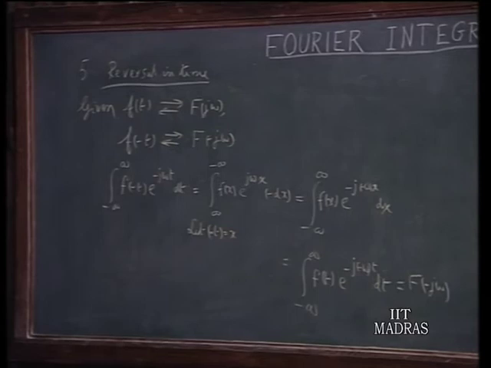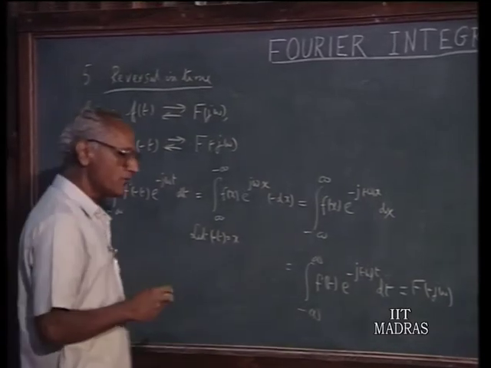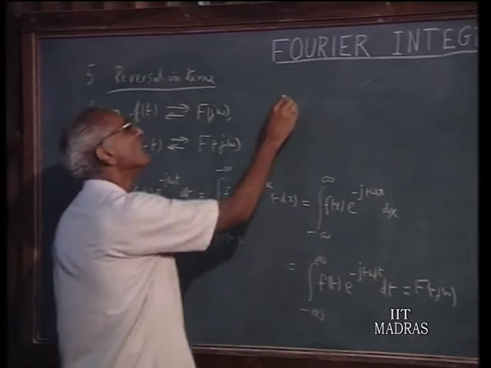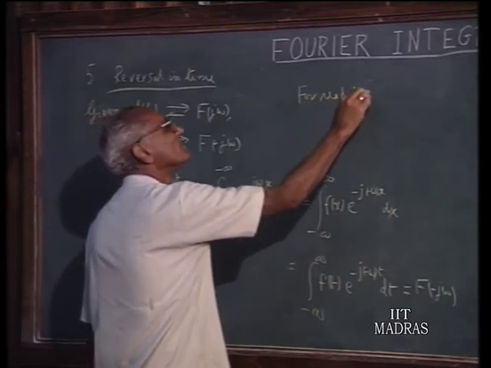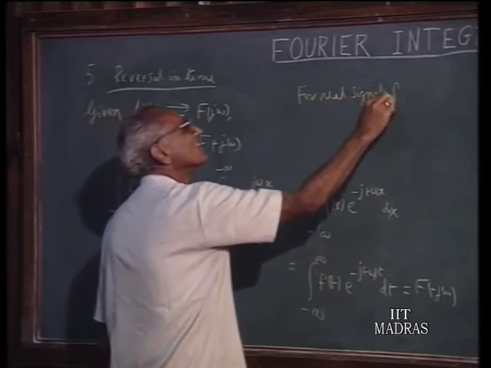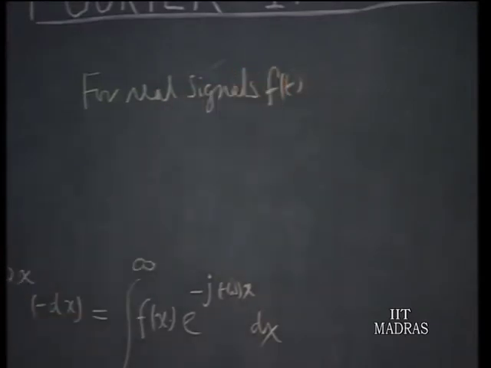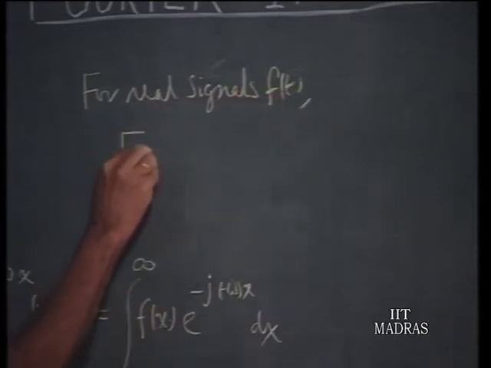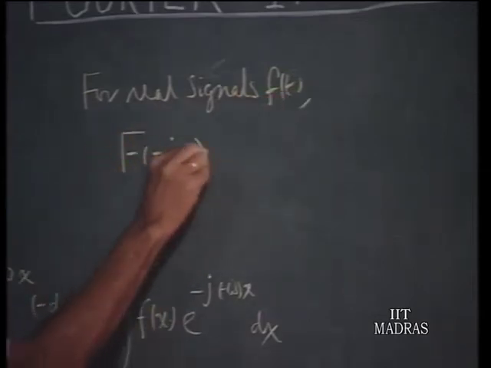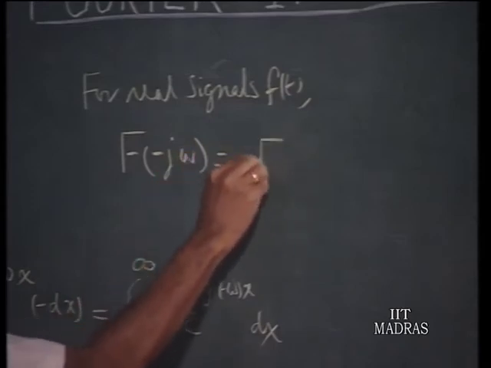Right. And what is the further significance of F of j omega? For real signals f of t, that means whenever you substitute a real value of time, the f of t also turns out to be real, then it turns out that F of minus j omega equals F of j omega conjugate.